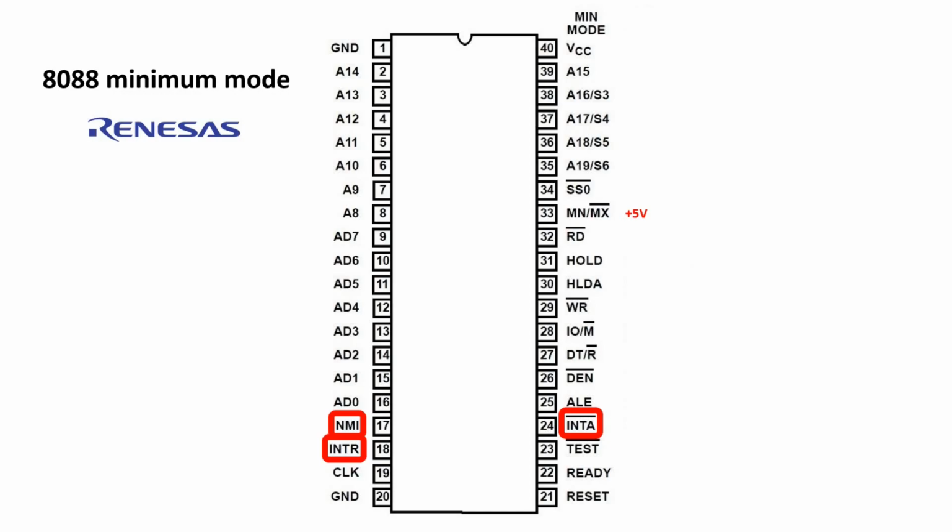As its name implies, and as is the case with the similar pin on many other processors, this interrupt can't be masked off in any way. So it would be used for the highest priority purposes. On the IBM PC, it's actually used to print a message if there's a parity error on the memory bus.